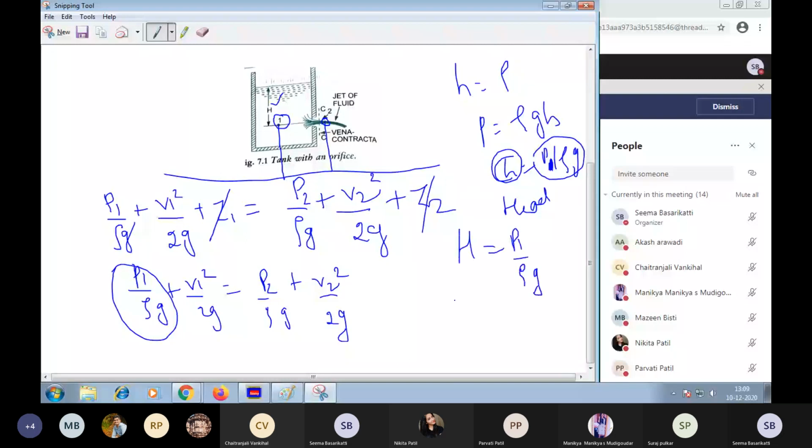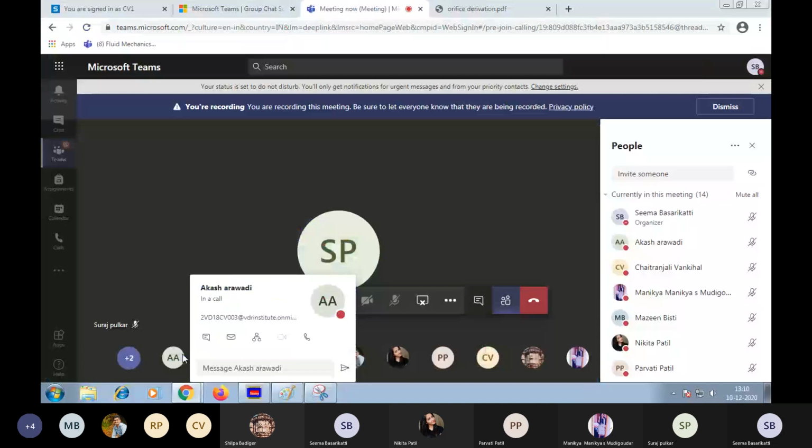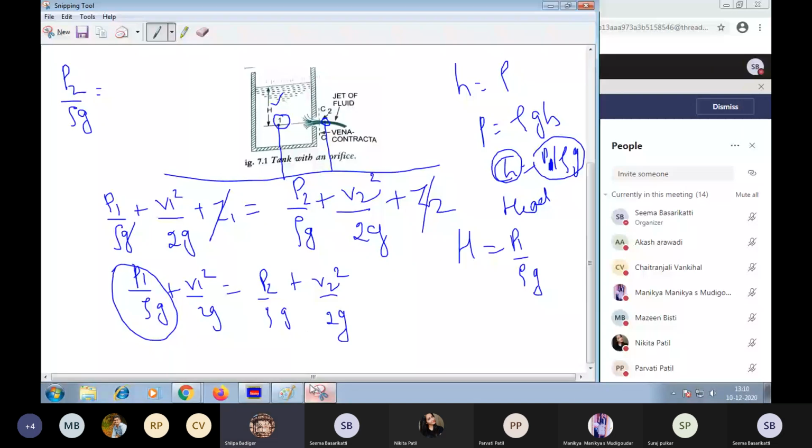And what about P2 by rho g? P2 by rho g is equal to what? It is not small h. The jet of water is in contact with the atmosphere.